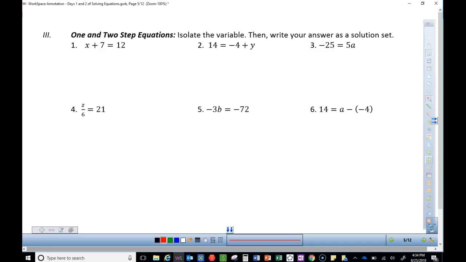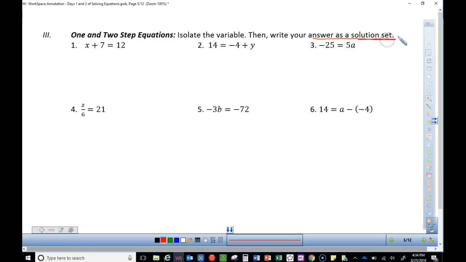So order of operations says we always multiply and divide from left to right before we add and subtract from left to right. So when we're solving, we're going to do inverse operations. So we're going to be doing that in reverse. First we will undo addition or subtraction, and then we will undo division or multiplication, because we'll be doing things inversely. All right. And then we're supposed to write our answer as a solution set.